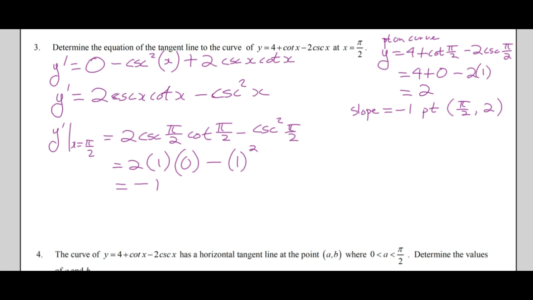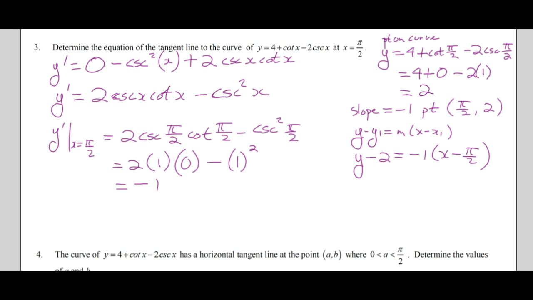So using your favorite formula for the equation of a line, I'm using point slope. y minus 2 is -1 times x minus pi over 2.